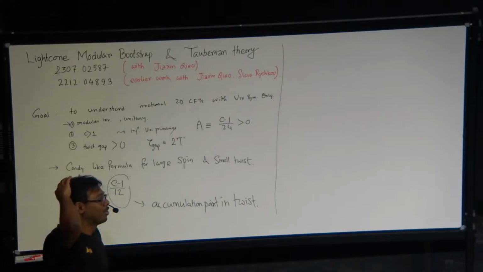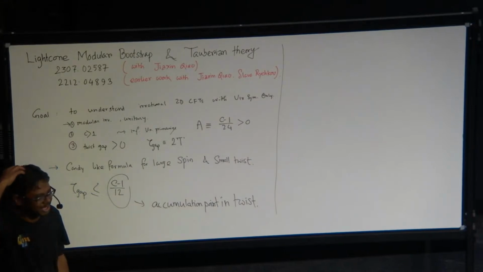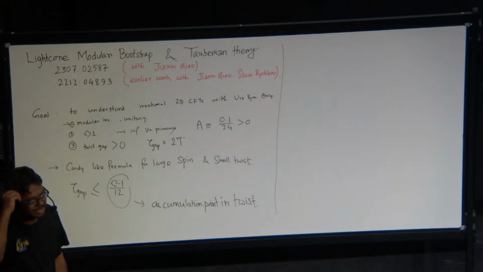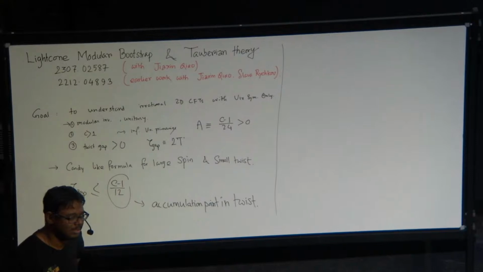So I'm just saying. Oh, are you asking whether this condition is sufficient or necessary? I guess I'm trying to say that it may not be possible to improve this constraint. After all, certainly we don't have any example close to this among compact CFTs, and there are, of course, examples for non-compact CFTs that saturate this gap.